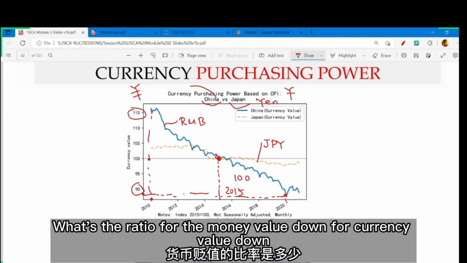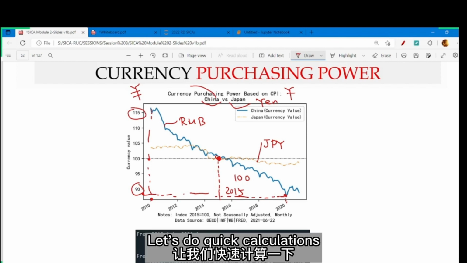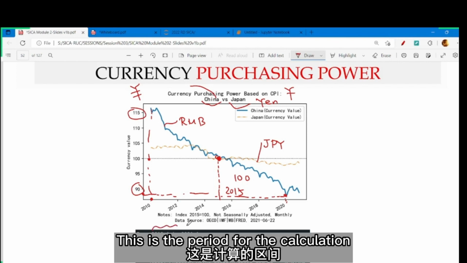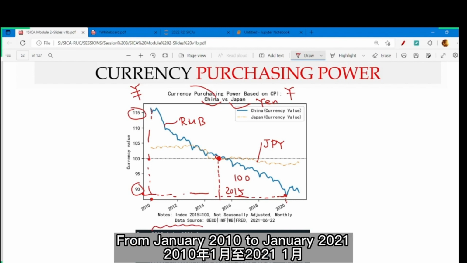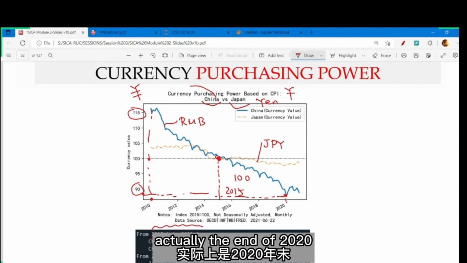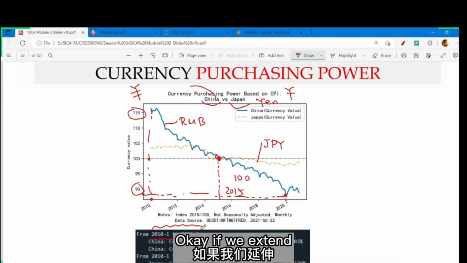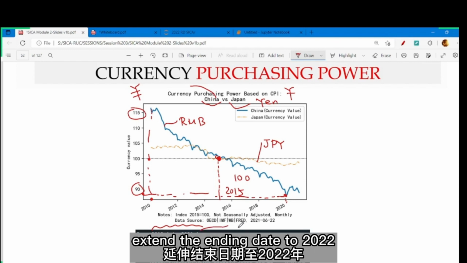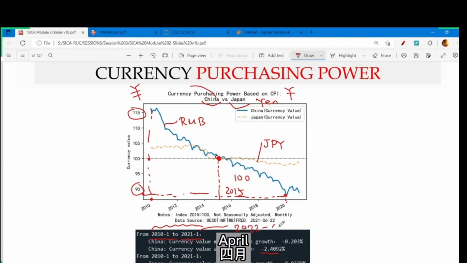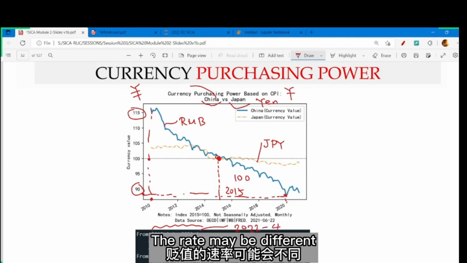And what's the ratio for the money value down, for currency value down? Let's do a quick calculations. This is the period for the calculation. From January 2010 to January 2021, actually the end of 2020, RMB is losing its value at an annual rate of 2.4092. If we extend the ending date to 2022 April, the rate may be different.